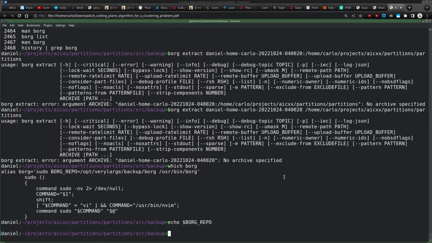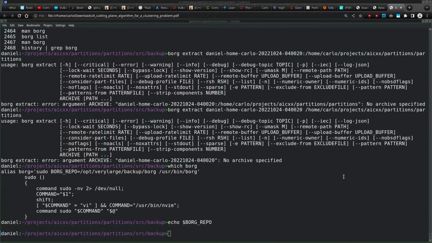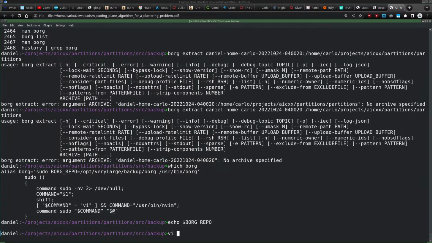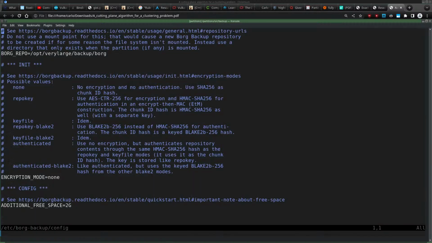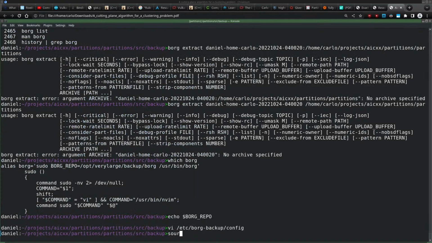Ew, it's empty. Why is that empty? Source this. Okay, let's source this file.